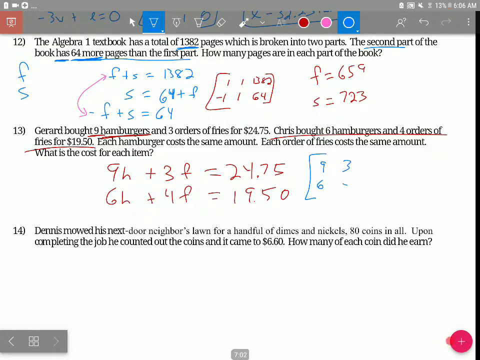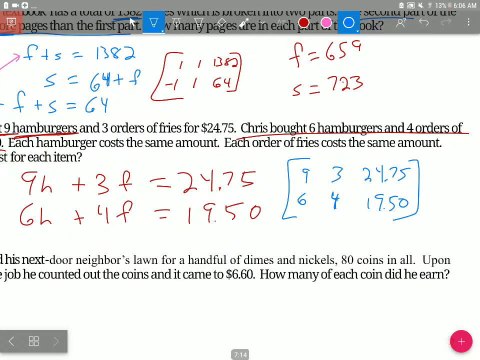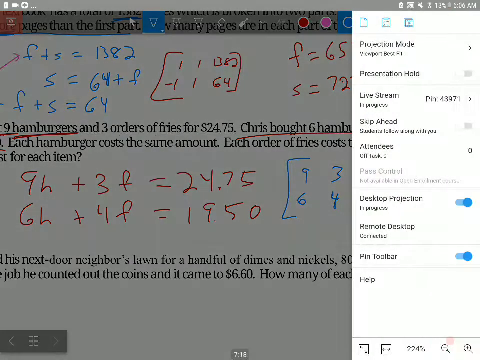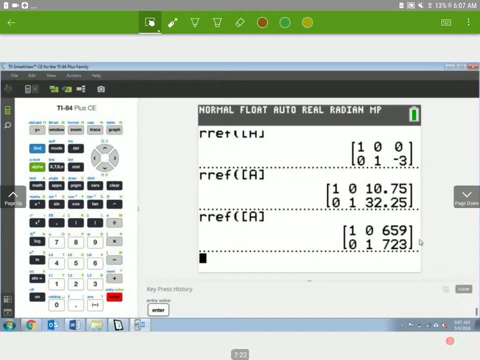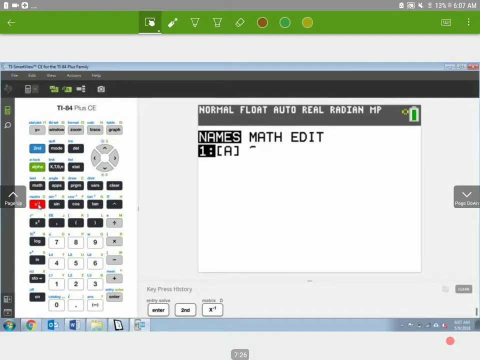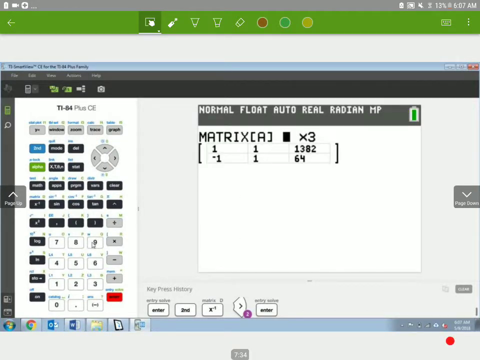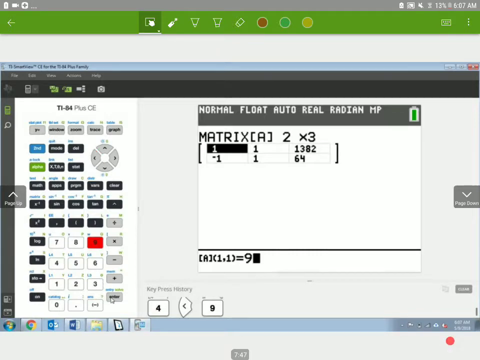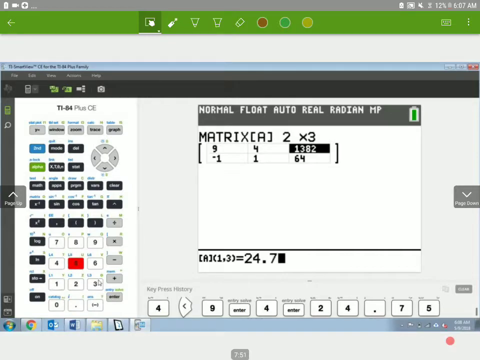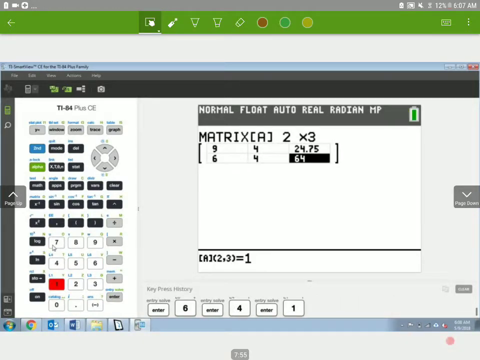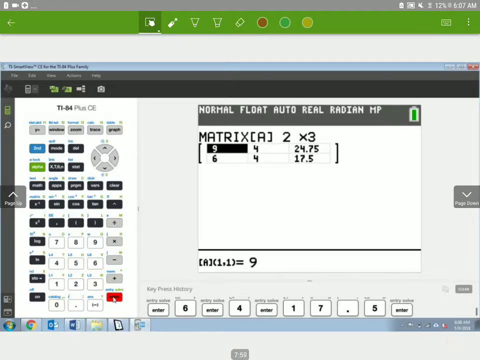So there's your matrix: 9, 3, 24.75, 6, 4, 19.50. Wait, no, let me check.